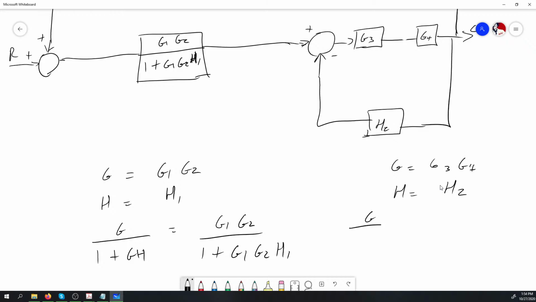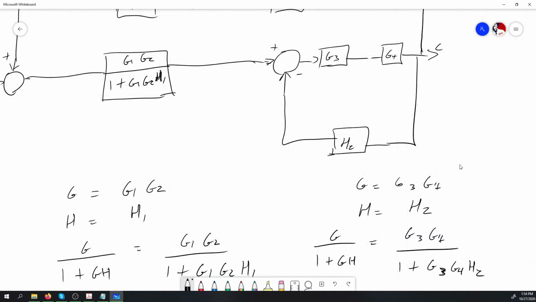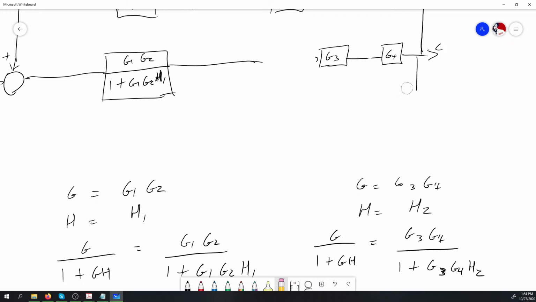If we apply this to our standard equation, that's going to be G3, G4 over 1 plus G3, G4 for H2. So this here reduces to that one simple block as such.